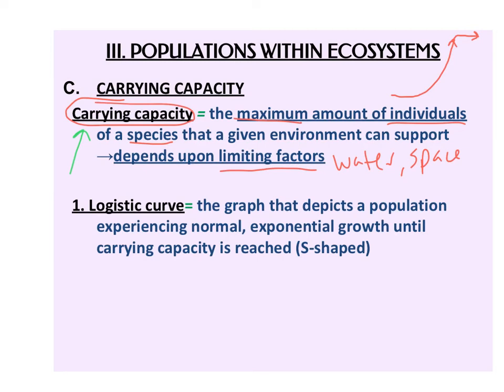Now, if you remember with exponential growth, we had the J curve, where it starts out slow and then it just explodes, exponential growth. Well, there's something called the logistic curve, and it's very similar. But this time it starts out slow, it goes to exponential growth, but then you run out of whatever.